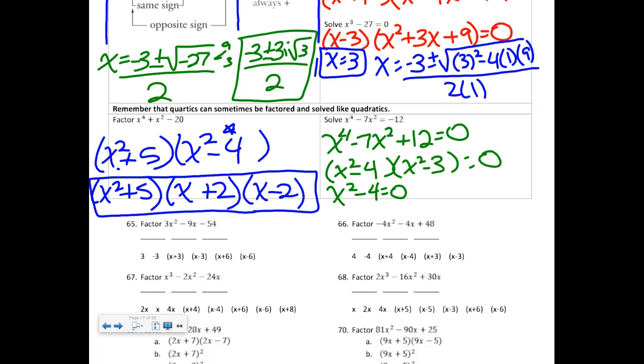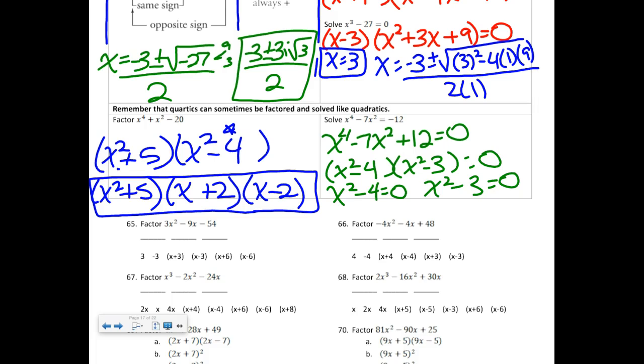Reminder, we're going to set both of these equal to 0. And then are you going to do something we've already done today? Did we solve these already today? How do we solve these? Square rooting. Yep. So you're going to add over the 4 and square root. So this x will equal 2.